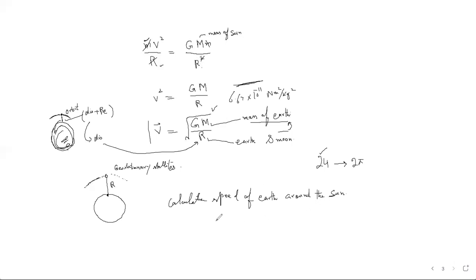So here the mass of sun is 2 times 10 raised to power 30 kilogram. Okay, and the distance between Earth and sun is 150 into 10 raised to power 9 meters. Okay, can you calculate now?